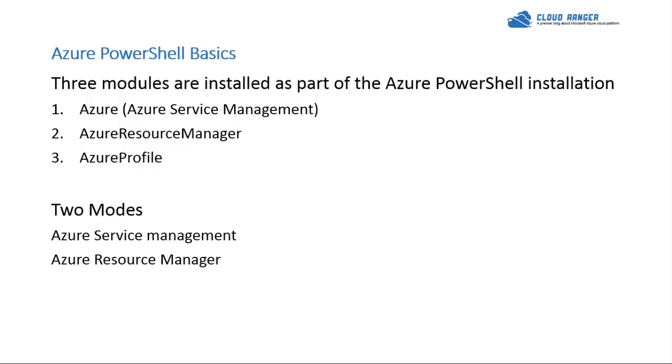If you're using the Azure account method to connect to your subscription, you can go to both modes. That's why Microsoft prefers that you use the Active Directory method, or the Azure AD method, to connect to the account, to have both these modes available to you.